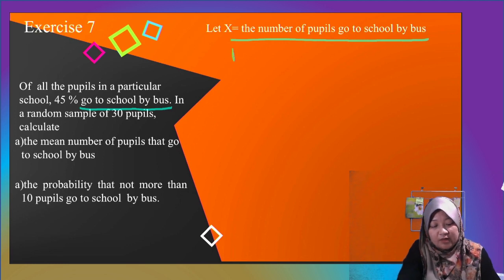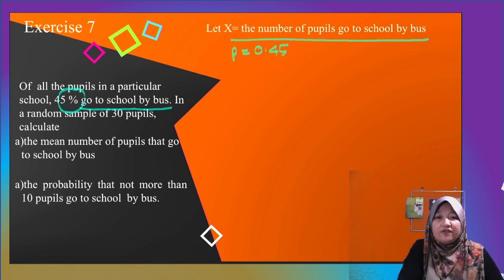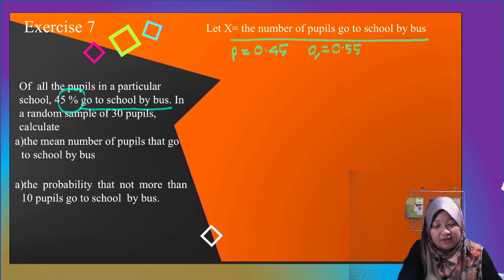And given that the probability is 0.45 because the question said 45%. So P is 0.45, Q is 0.55, and N is 30 people. So X distributed binomial 30, 0.45.